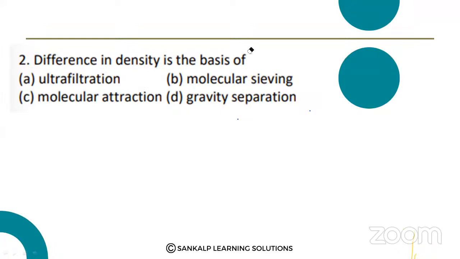Then molecular attraction is the attraction between two molecules at some distance. So the correct answer here is gravity separation. It is based upon the gravities of two different masses.